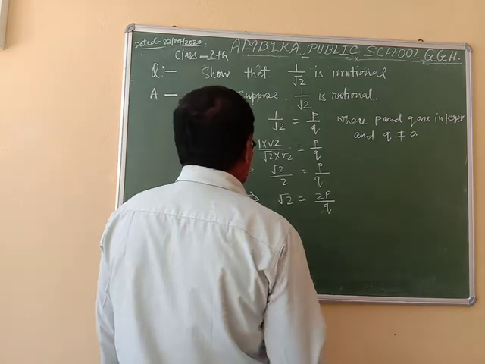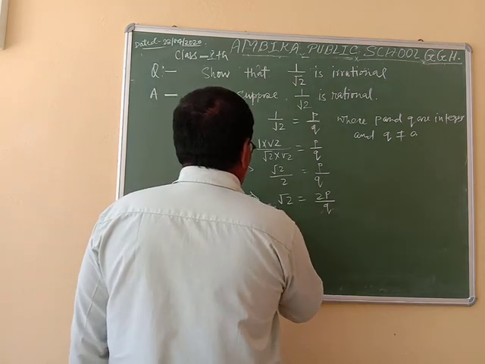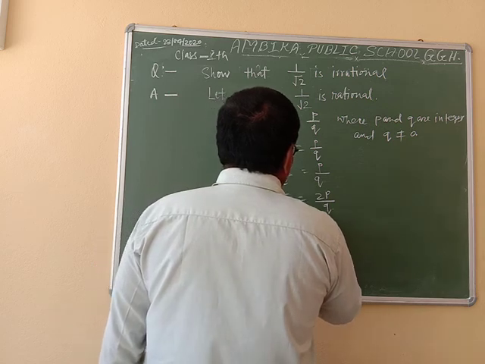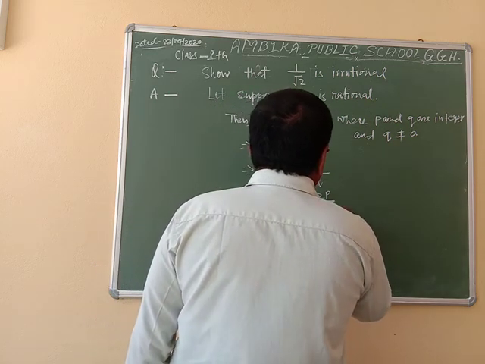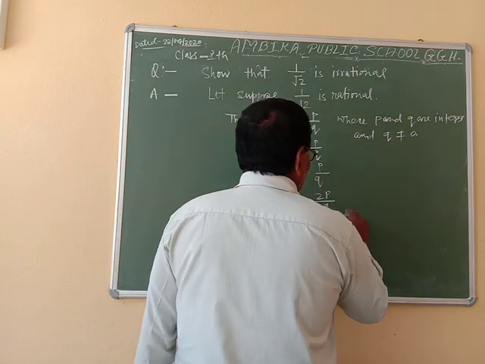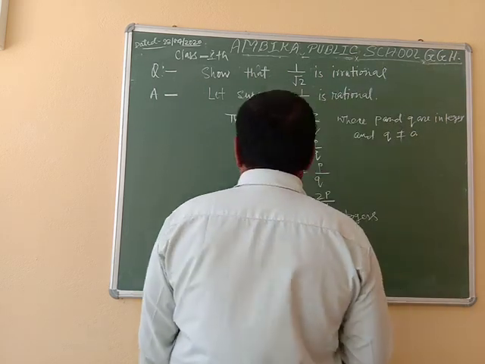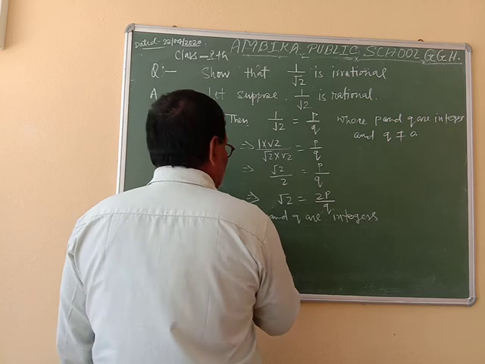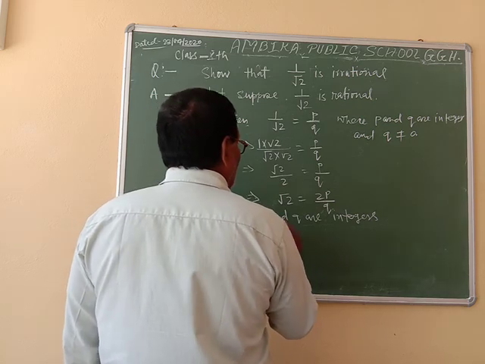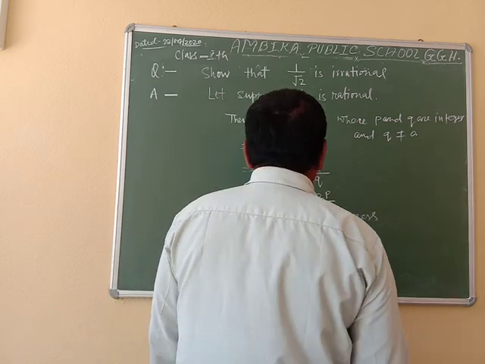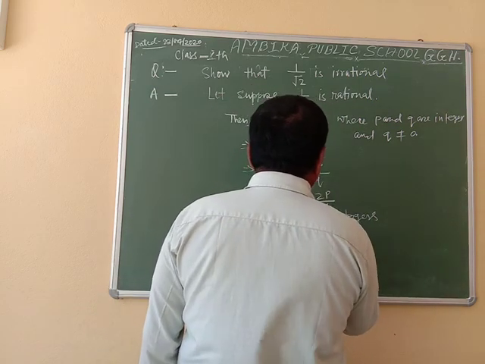Since p and q are integers, thus 2p by q is rational.